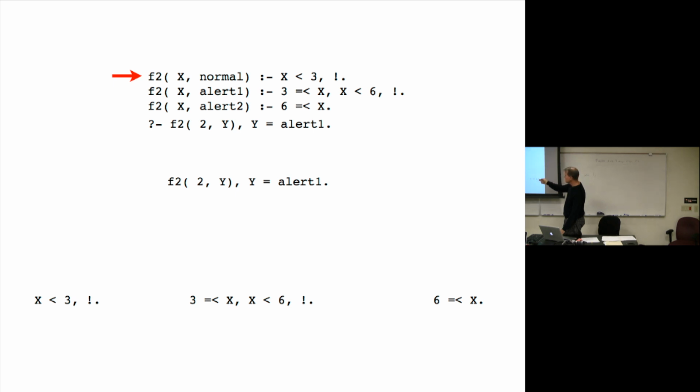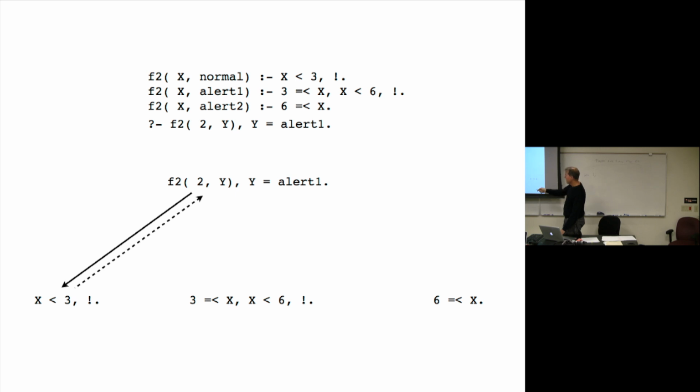So x is instantiated to 2, and then what happens here? Y is instantiated to normal, and so that's a match, with x being 2 and y being normal. So therefore we go if, and so what happens now? It comes to here, right? Are you with me? So it goes to the right hand side, to this first goal.